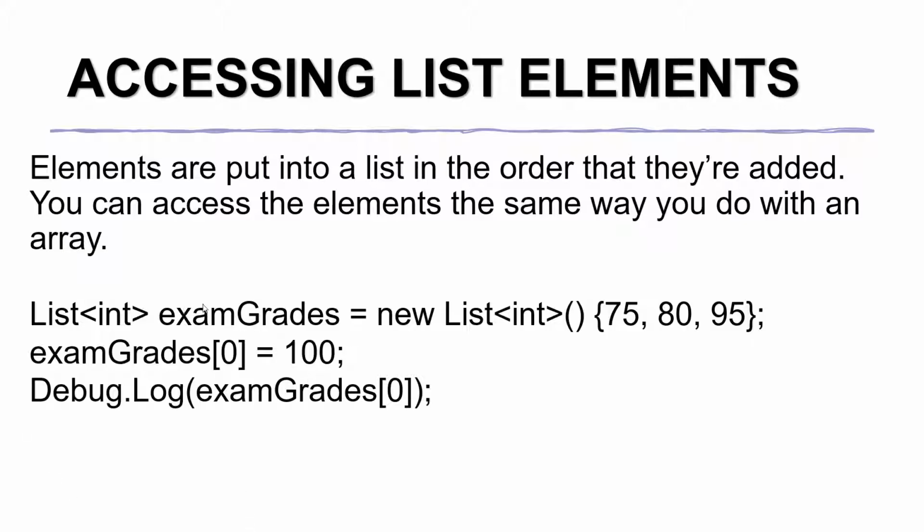So for instance, with the exam grades, if we needed to change what was stored in that first element, we would use that subscript operator with the name of the list, the subscript operator 0 for the first element, because again, elements start at 0 in lists, just like in arrays. And then we could set that equal to something else. If we wanted to print it, we access it the same way. Name of the list, our square brackets, and which element.